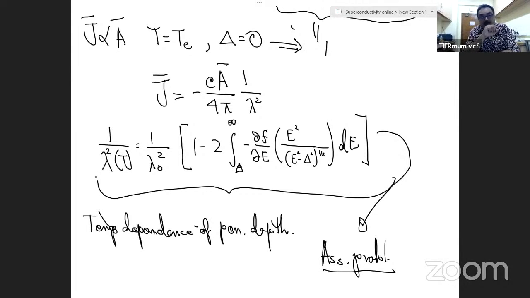Similarly for the penetration depth, you have this delta here, and this delta is temperature dependent. So you have to plug the temperature dependence of this delta into this equation, in both these places, in order to get the temperature dependence of the penetration depth.